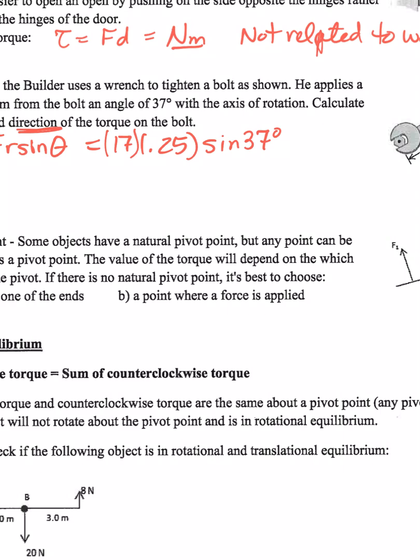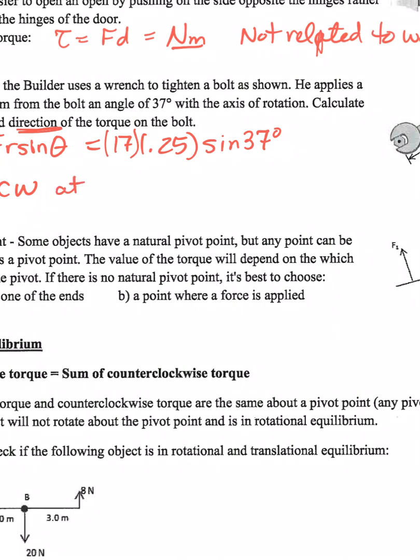So we want to know whether it's going to be pivoting clockwise or counterclockwise, don't we? In this case, it's pretty easy because there's only one force, isn't there? So which way is this thing going to rotate? In the direction of the torque, isn't it? So the torque's going to be going this way, so it's going to go counterclockwise.